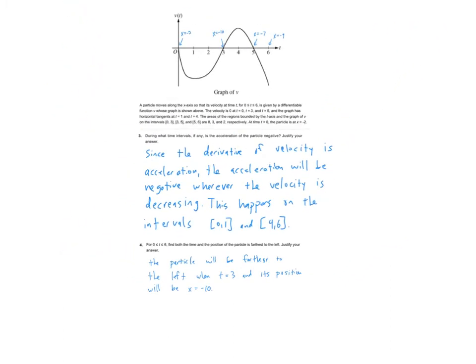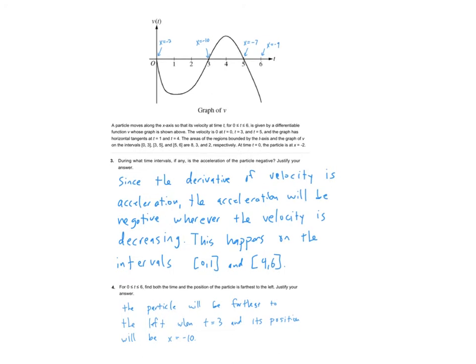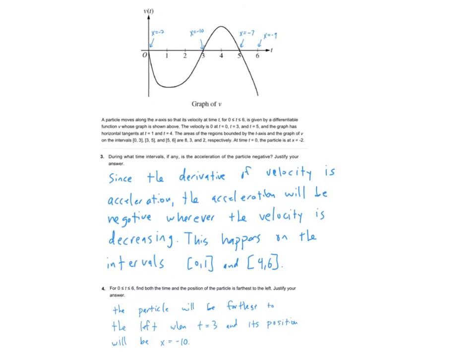Okay, and then the justification. There's a bunch of ways to do it. You could talk about how velocity is the derivative of position, and so this is really a derivative graph for position.